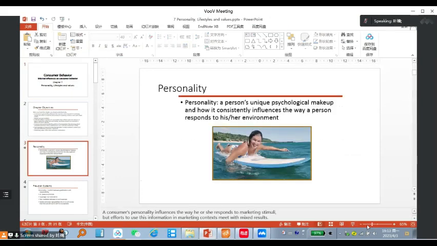Okay, so first of all, we can introduce the term personality. Each one maybe has its own personality. A consumer's personality influences the way he or she responds to marketing stimuli.